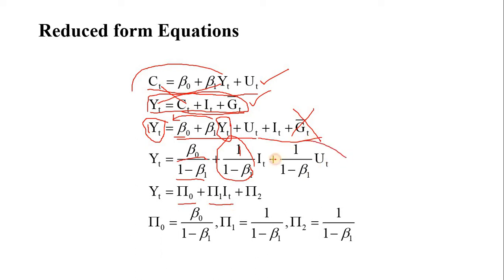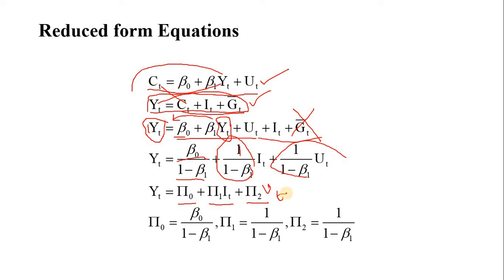Then the third term I am taking as pi 2 into ut. So now look at the equation. What is the final equation? yt is equal to pi 0 plus pi 1 it plus pi 2 ut.